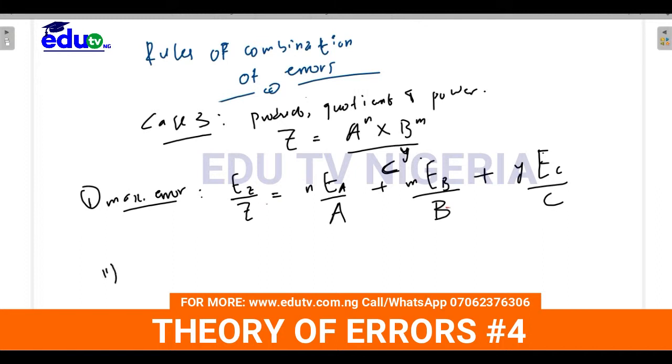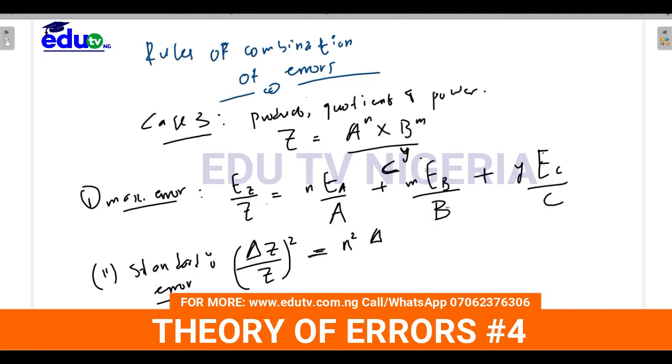Now for standard error, it's more or less the same thing, just a tweak in the formula. So for standard error we have error in z over z all squared. Now careful, we have n squared times error in a over a, all squared also, don't forget that.